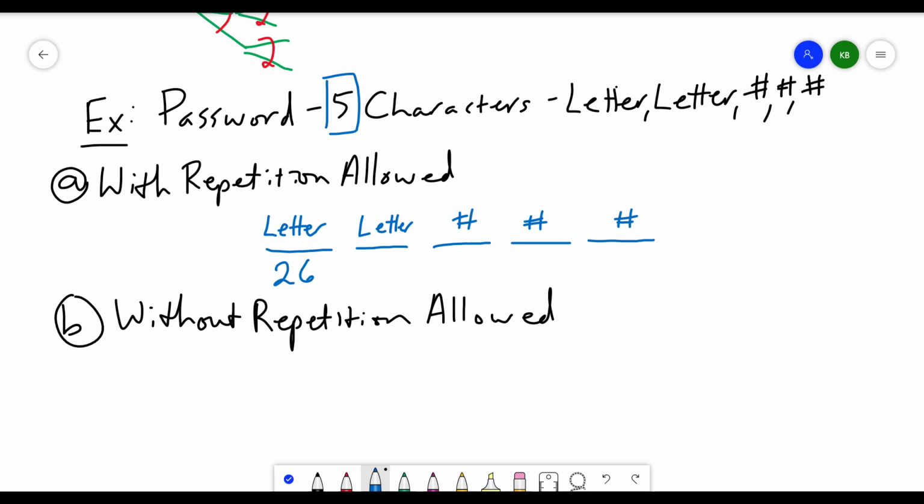And then again, I have another letter, and I'm allowed to repeat letters, so I still have 26 possible letters. And then I think about how many numbers I have. Well, I can have 0, 1, 2, 3, 4, 5, 6, 7, 8, or 9. So there are actually 10 numbers that I can have. And again, I can have repetition, so it doesn't matter what my first number was, I can still have 10 numbers. And then I can have 10 numbers in my last blank.